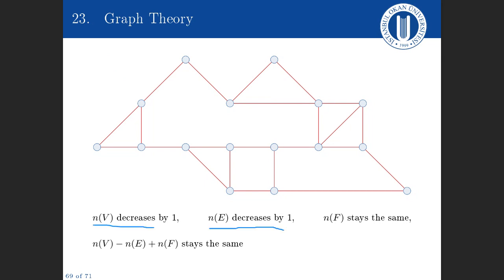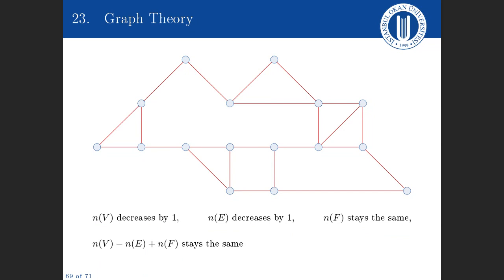The number of faces is going to stay the same. We haven't changed that. So the change in vertices is -1, minus the change in edges, also -1, plus the change in faces, which is 0. So -1 minus -1 plus 0, -1 plus 1 is 0. That means if we remove a pendant vertex like this, Euler's formula does not change. It stays as the same number.